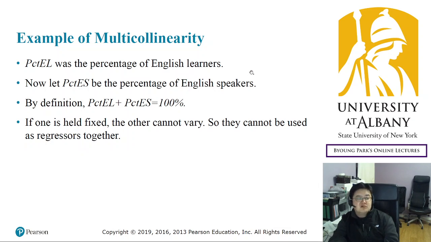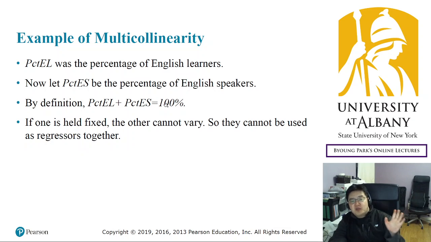But now, alternatively, you may define the percentage of English speakers, which is defined as exactly the opposite, the complement of these. So by construction, by definition of those two variables, the percentage of English learners plus the percentage of English speakers must be 100%.